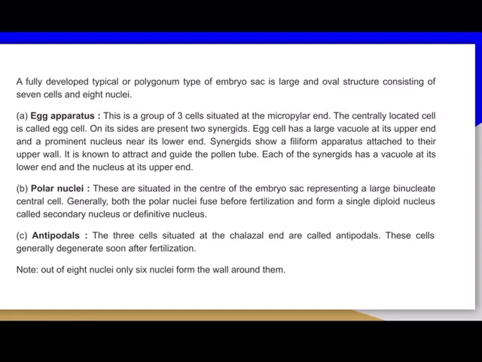As I said, the 2 central polar nuclei fuse together before fertilization, and they form a diploid nucleus called the secondary nucleus or definitive nucleus. After fertilization, it will give rise to endosperm. Whereas the 3 antipodals are found towards the chalazal end. These generally degenerate as soon as fertilization occurs.